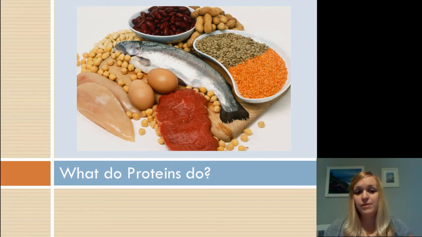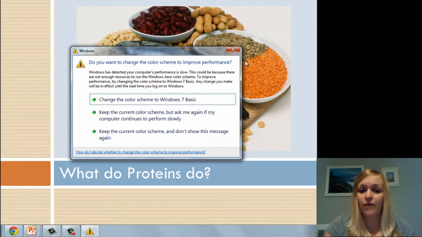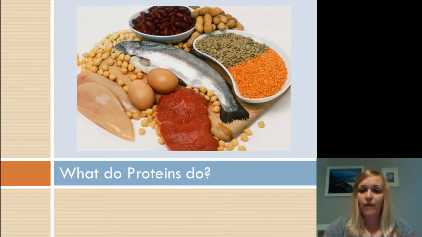So most of the protein you get comes from, if you're a carnivore or an omnivore, things like meat, poultry, eggs, beans, fish, peanuts, and other kinds of nuts, and actually some types of grain offer a high amount of protein. Things like quinoa, which is a very trendy grain right now, actually is very high in protein.